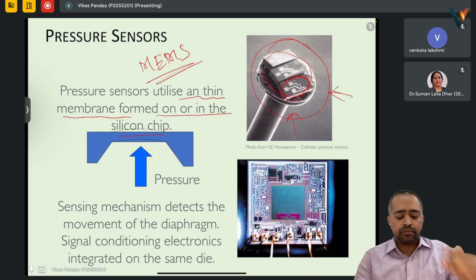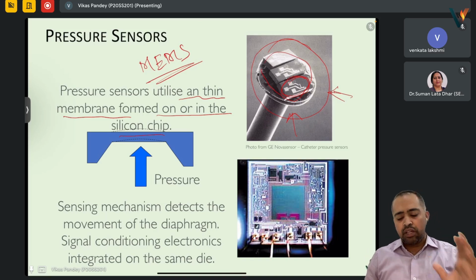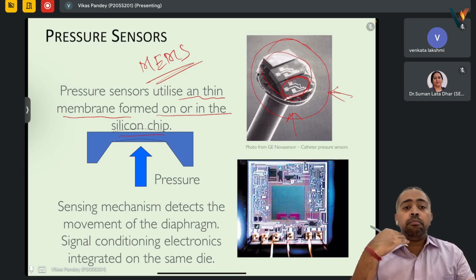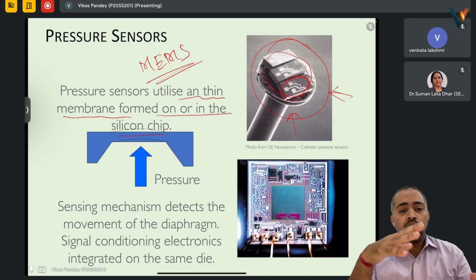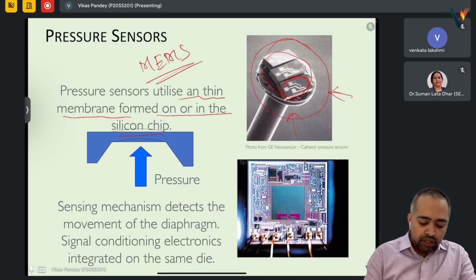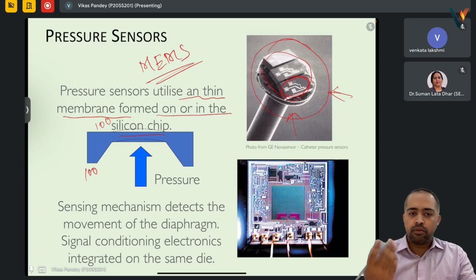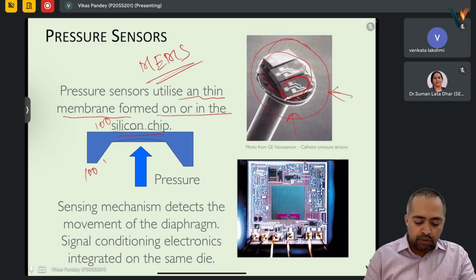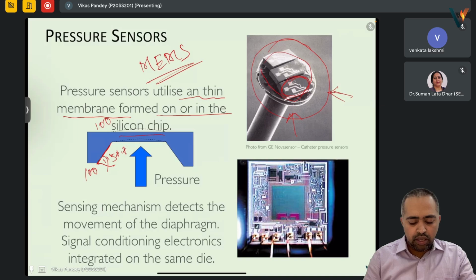There is a thin membrane, like we were discussing bulk micromachining in the previous class, and how we etch it out. If this is the 100 plane, top and bottom will be the same plane, so this will be the 111 plane etched out. It will have an angle of, anyone can say what the angle is here?